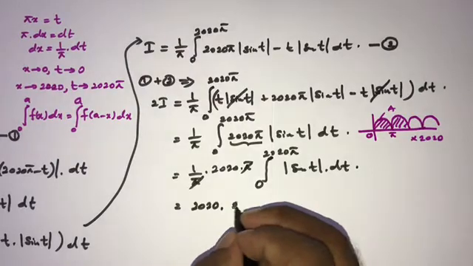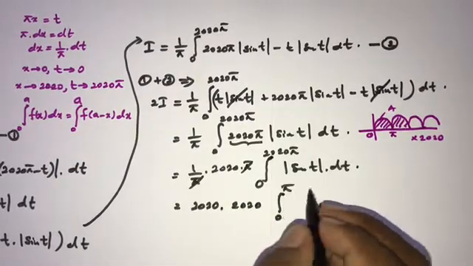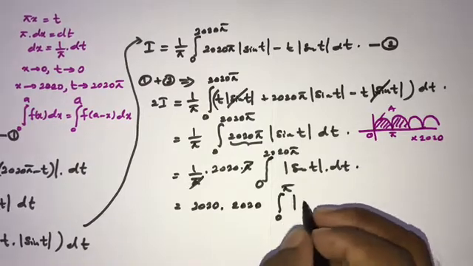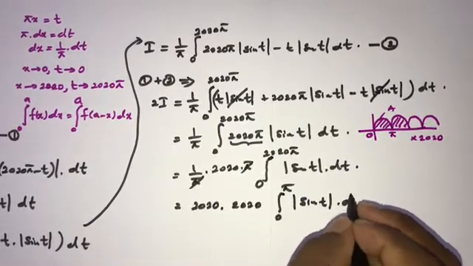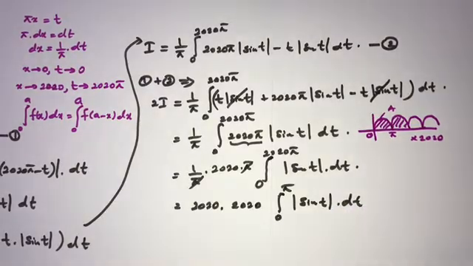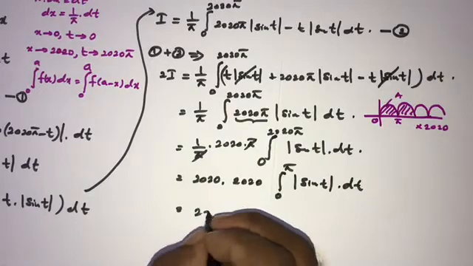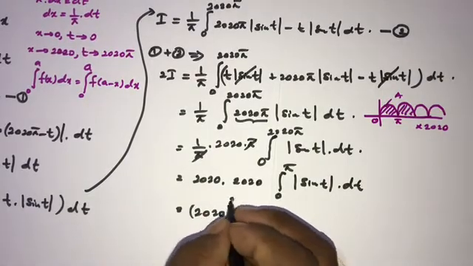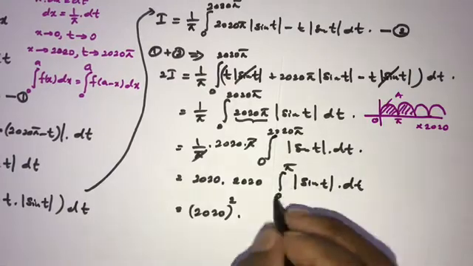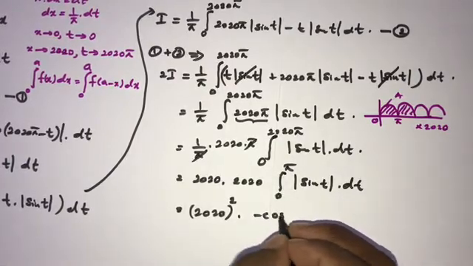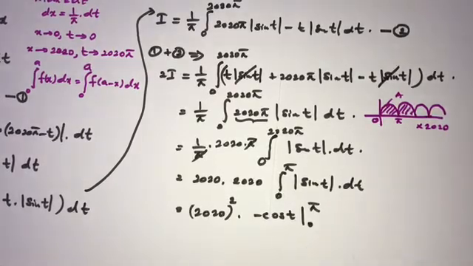so 2020 here 0 to pi absolute value of sine of t, or sine of t, we know 0 to pi sine of t. So now 2020 squared times, here we can write minus cosine of t from 0 to pi.